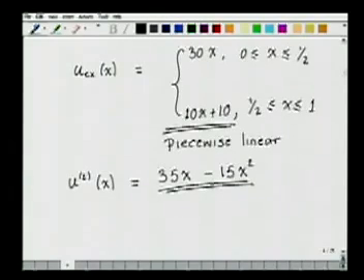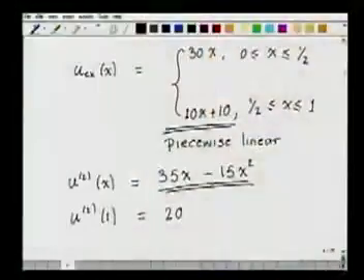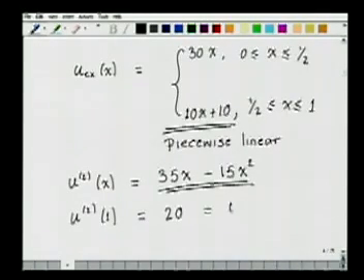It is a quadratic polynomial. If I look at the value of this solution at the point x equal to 1, so u2 at the point 1, this is equal to 20. The value of the exact solution at x equal to 1 is also 20. So things look to be quite good.